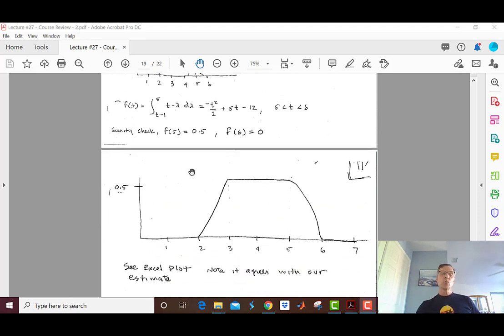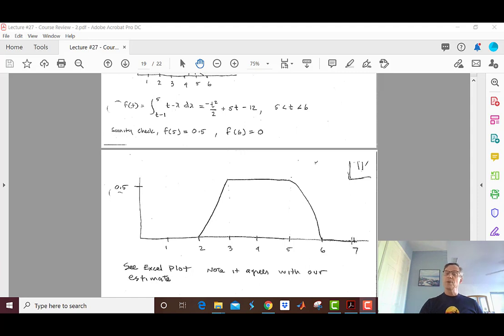So we can plot it, and look at the Excel plot that I gave you. Excel is wonderful for doing these kinds of things, because remember, our f of t, or our output, had one function here, another function from 2 to 3, a constant from 3 to 5, and then another function from 5 to 6, and a final function above 6.